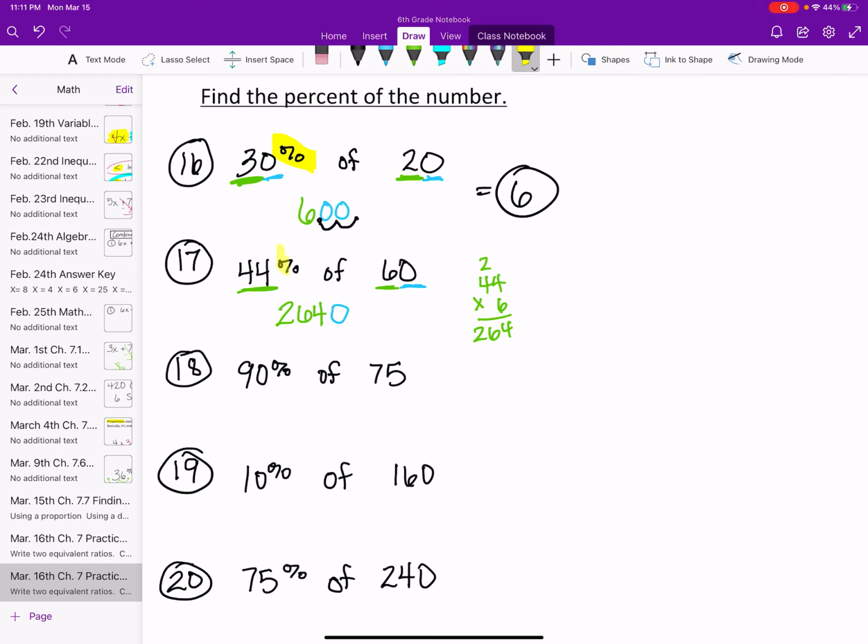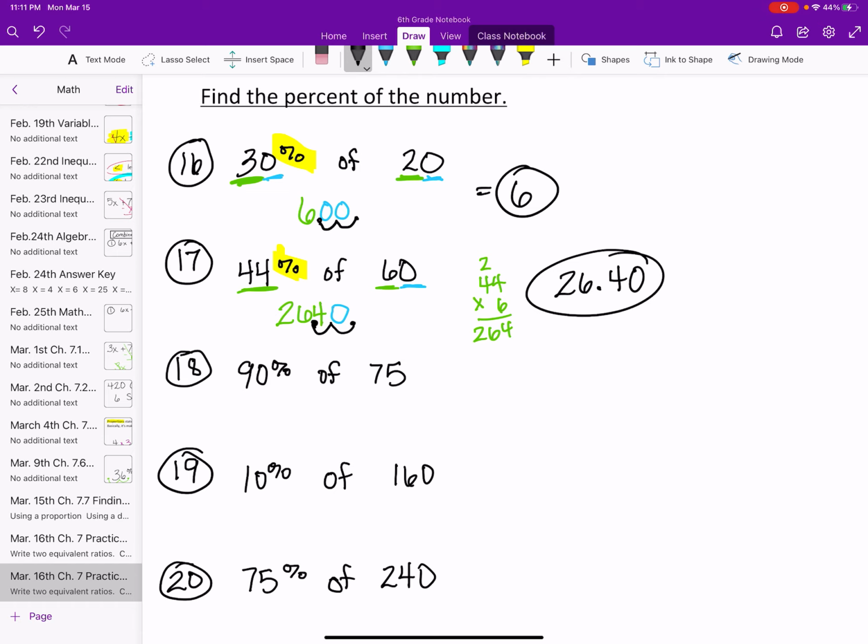Because I have a percent, I'm moving my decimal place 2 places over. 1, 2. And so 44% of 60 is 26.40. Remember, if you have a 0 on the back end, you don't necessarily have to include that 0. You could just leave it as 26.4. It's up to you. I'm not going to take off if you leave the 0 because it doesn't change the number.